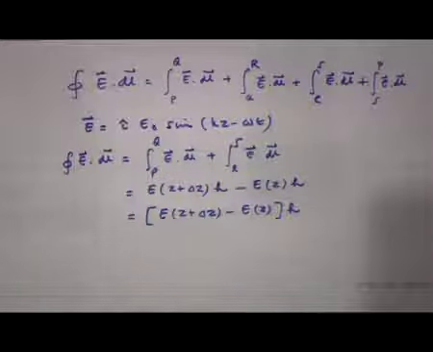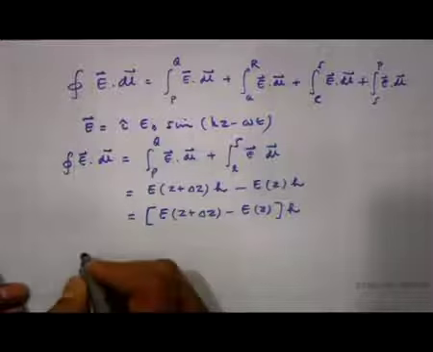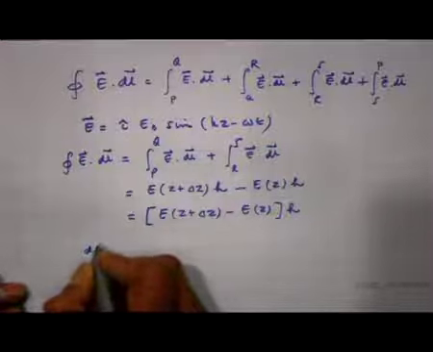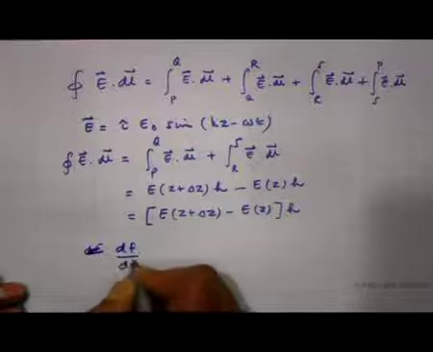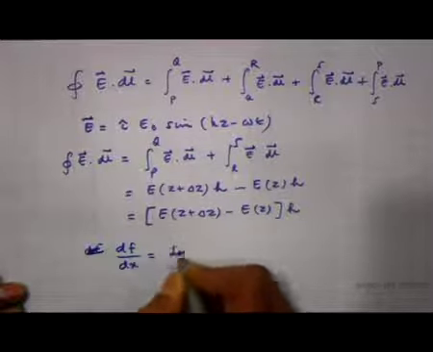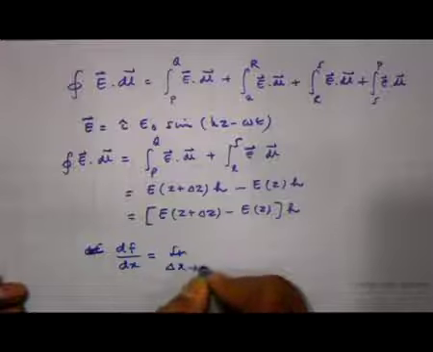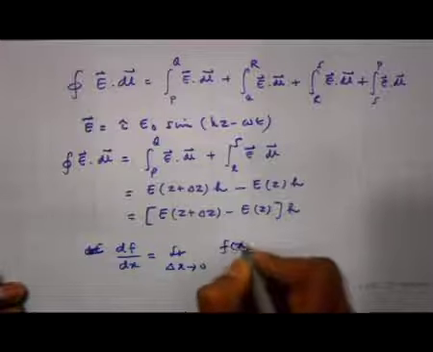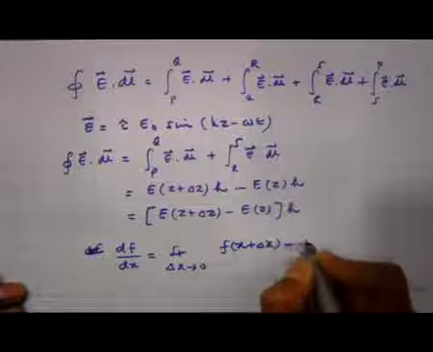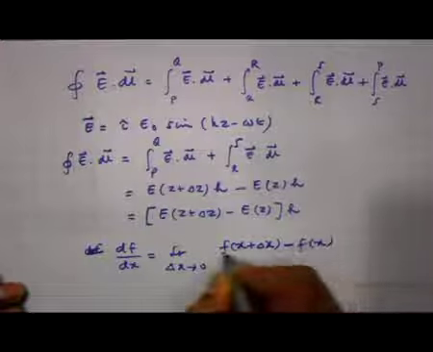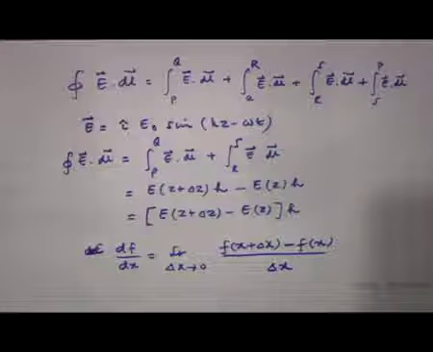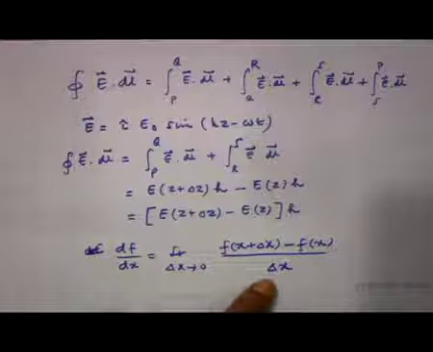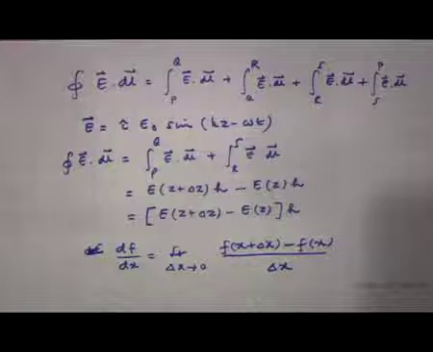Now, let me recall to you the definition of the differential of a function. Let me take a function f: df by dx is equal to limit delta x tending to 0 of f of x plus delta x minus f of x, divided by delta x.